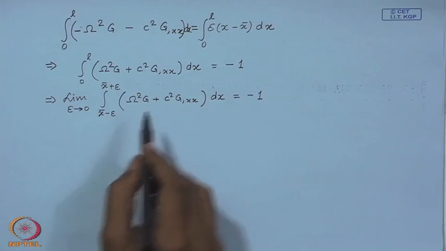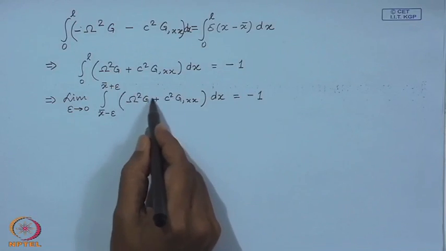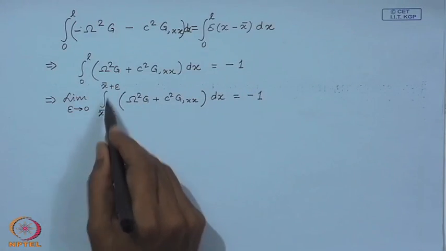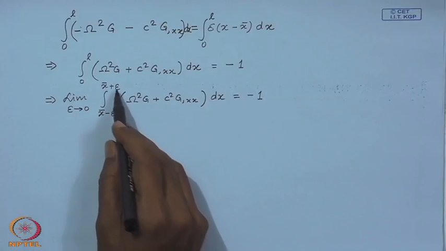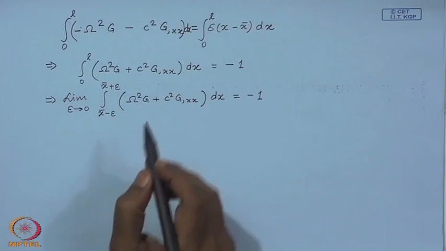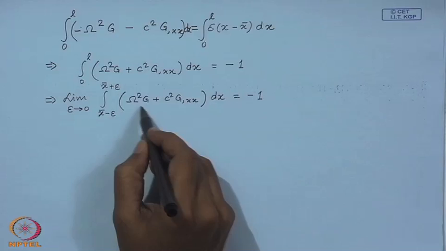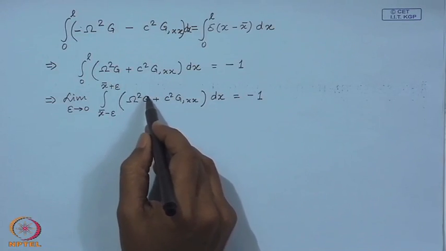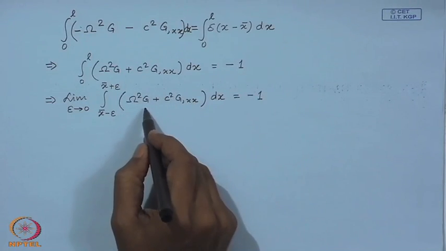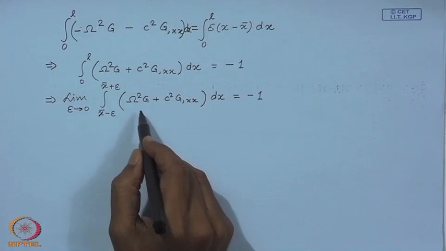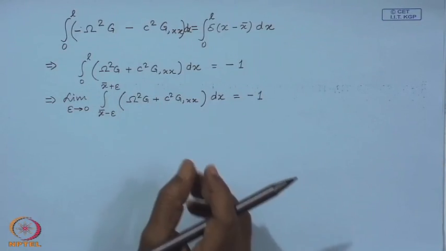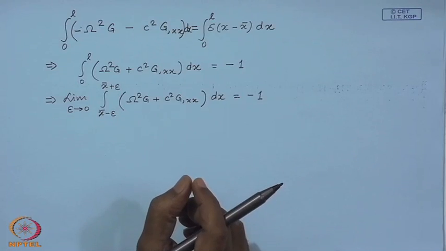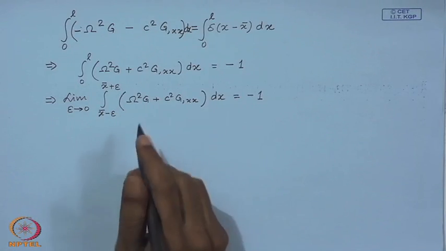You see, this term, when integrated over such a narrow region from x bar minus epsilon to x bar plus epsilon, since g is a continuous function, as we have already put the condition of continuity on g, the integral over a diminishing domain goes to 0.